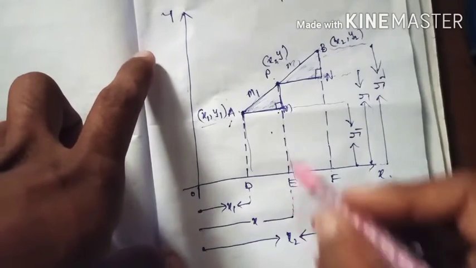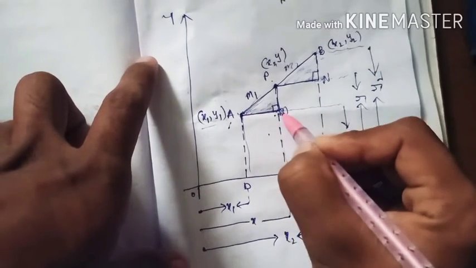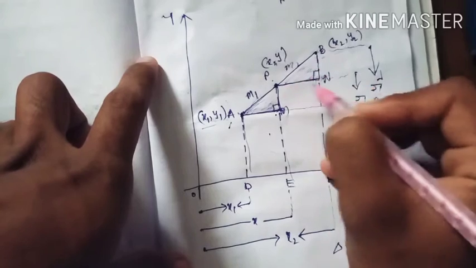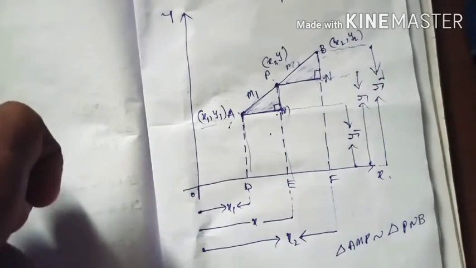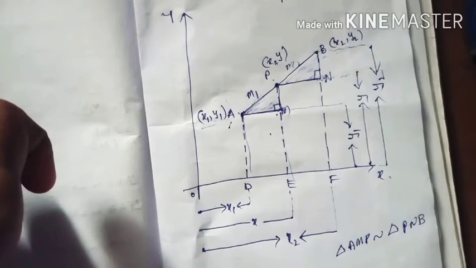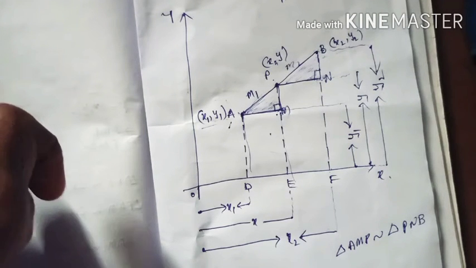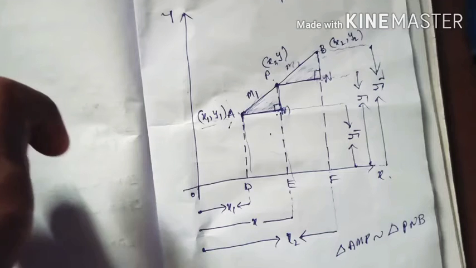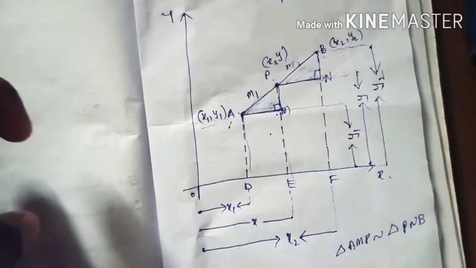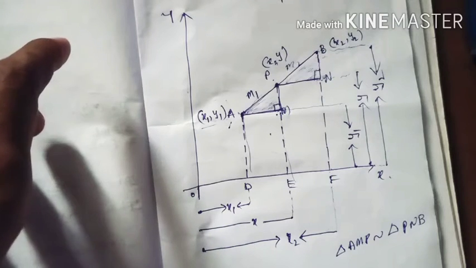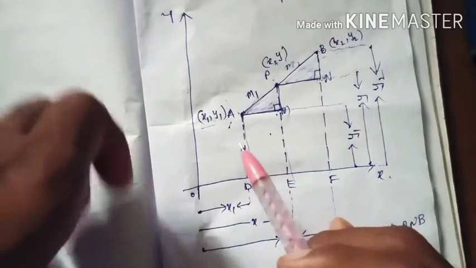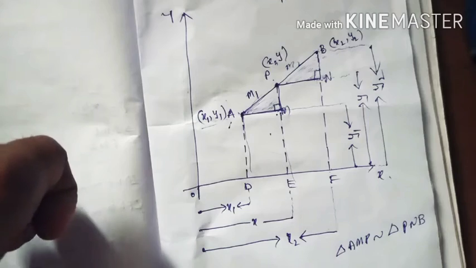Also angle PAM and angle BPN are equal to each other, as they are corresponding angles. We can see that two angles of these two triangles are equal, so we can say that these two triangles are similar. If the two triangles are similar, their corresponding side ratios are also equal.